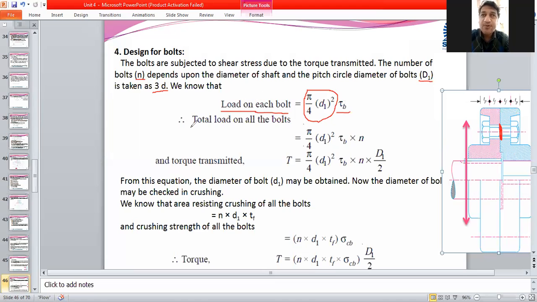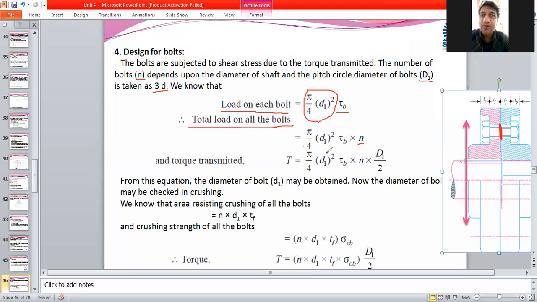Now if you want to calculate the total load which the bolts will take, the number of bolts which we are going to use is n. So if one bolt is taking pi by 4 d1 square tau b, that load multiplied by n, the number of bolts, will give the total load sustained by all the bolts, which we can calculate.